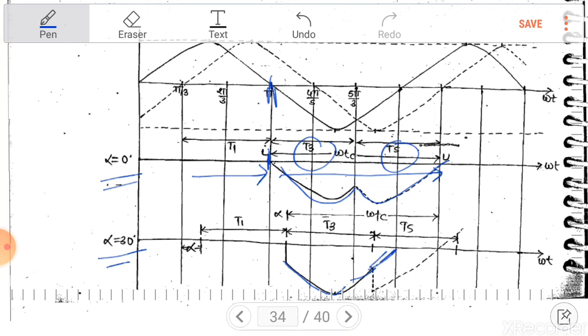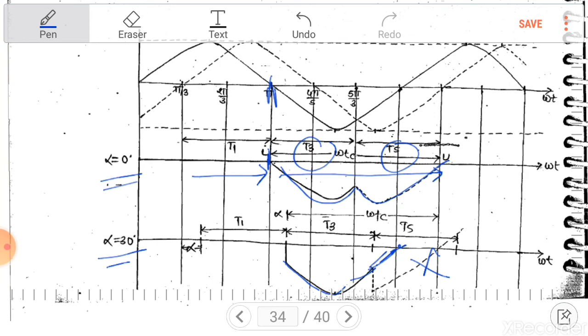When alpha equal to 60 degree, the circuit turn-off time will achieve like this. So the action of line voltage of T5 will be cancelled for alpha greater than 60 degree.